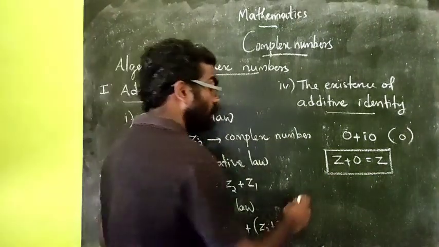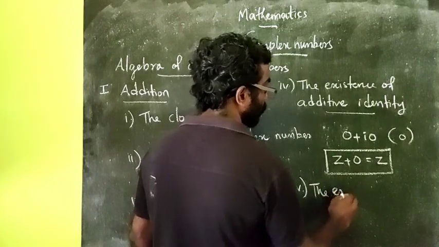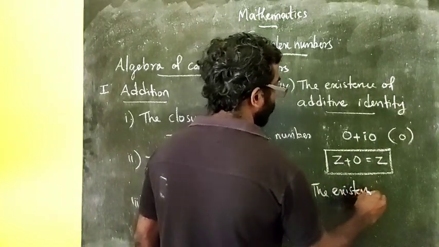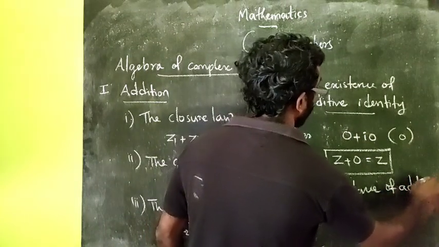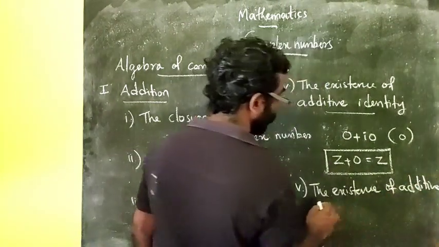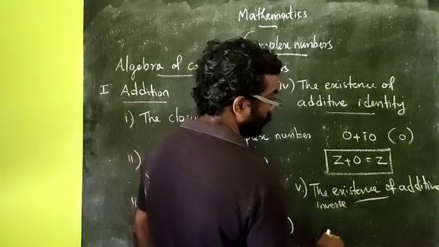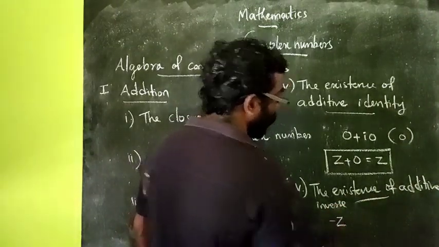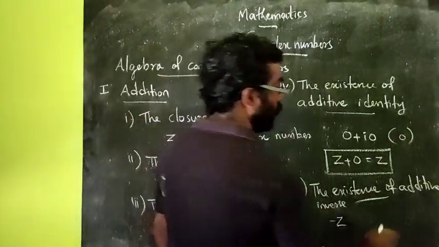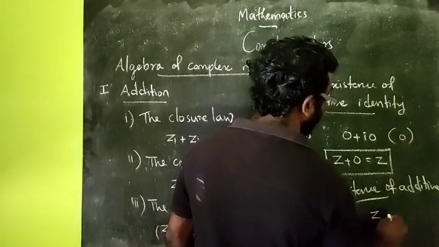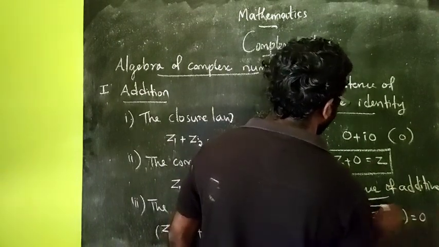Clear? And the fifth one is the existence of additive inverse. So the number minus z is known as the additive inverse of the complex number z because it satisfies the condition z plus minus z is equal to 0.